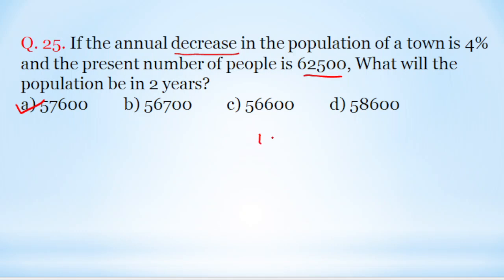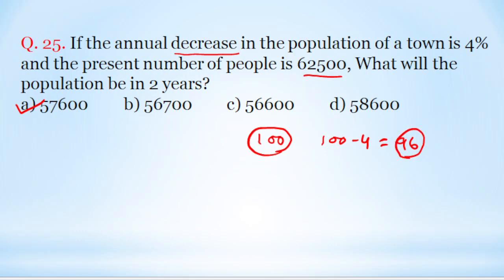One is the 100 and another one, as it is decreased by 4 percentage, is 100 minus 4, that is equal to 96. Now we have two values. One is the 100, another one is the 96.